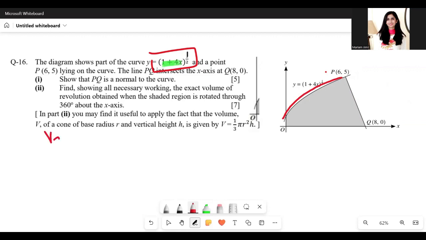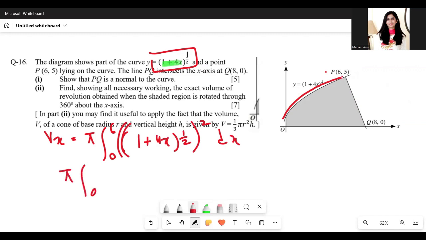The formula is pi times the integral over the limits of x, which are 0 to 6, of the function squared, (1 plus 4x) to the power half, squared, dx. Remember to square it. When we square the function, the half and the 2 cancel. We just have 1 plus 4x dx.